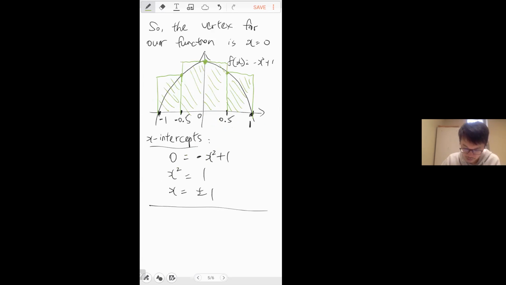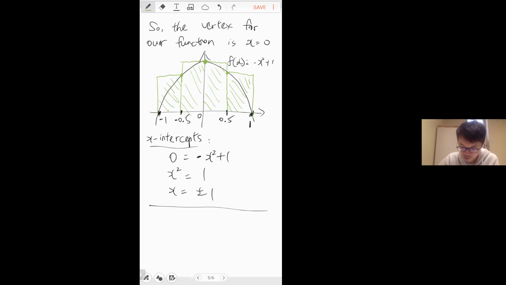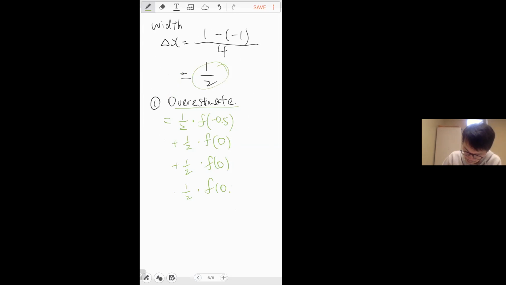And do the same for the third rectangle and the last rectangle. So for the third rectangle, you plug again 0. And for the last one, you plug 0.5. Questions? Any questions?